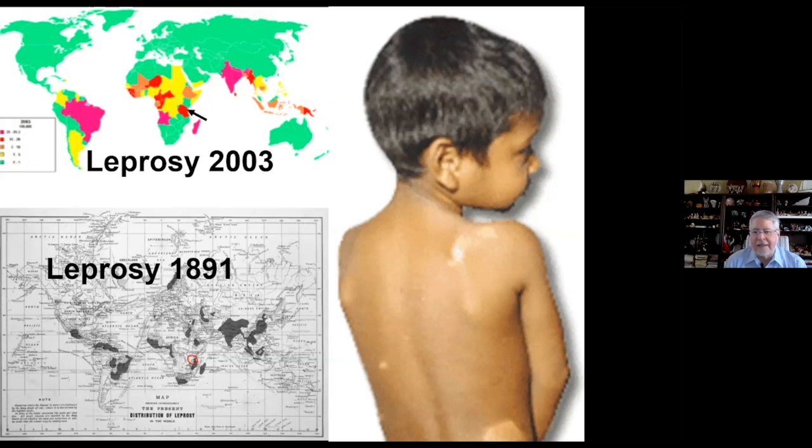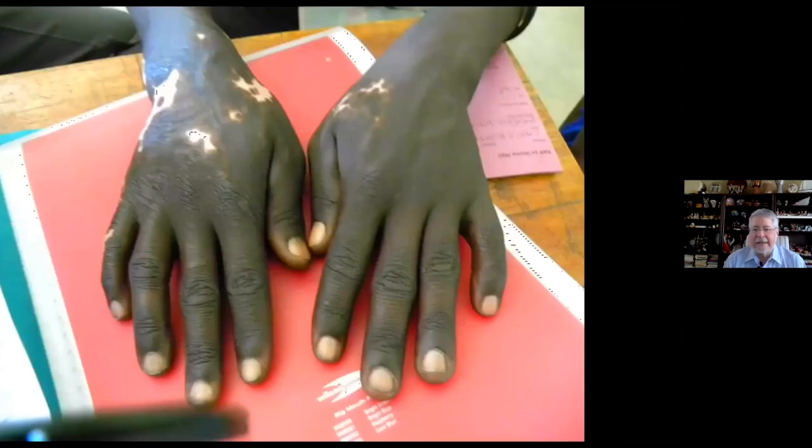We think that the origin of leprosy was in an area that's sort of the southern part of the current country of Tanzania, where OCA2 is quite common. And one of the first signs of leprosy, of course, is white spotting. So the leprosy bacteria actually does something to melanocytes.